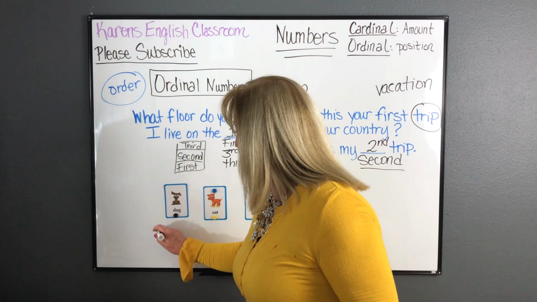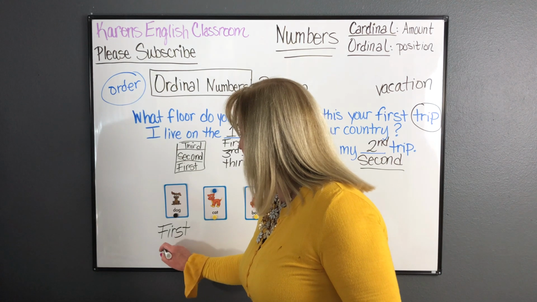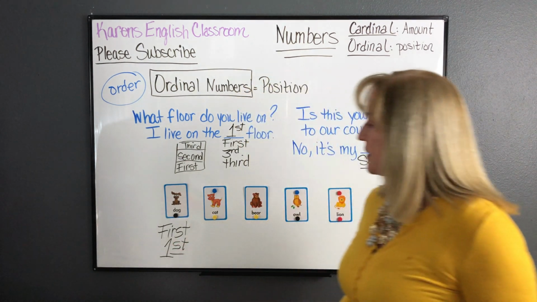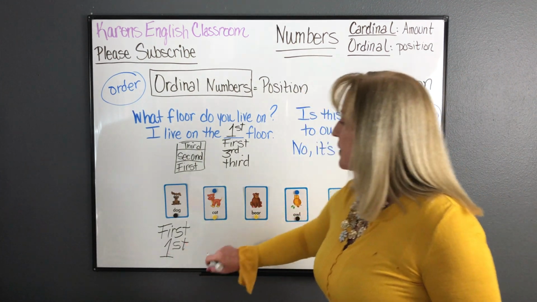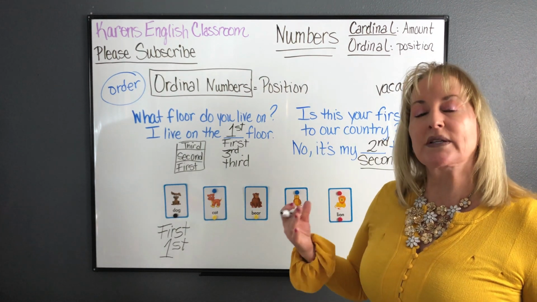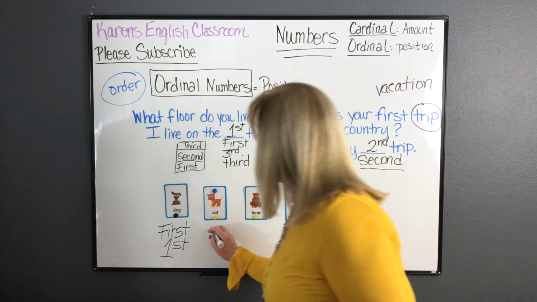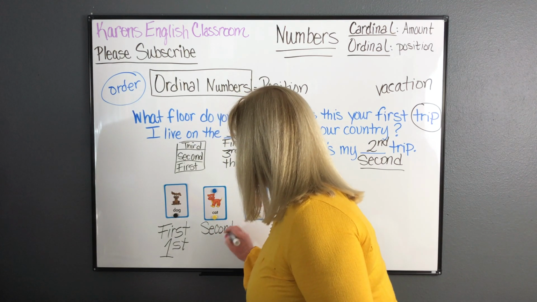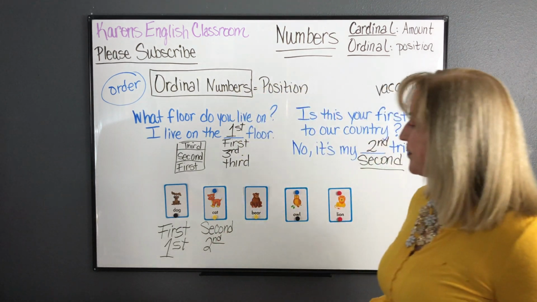So the dog is first. F-I-R-S-T. The cat is number 2, yes, but we're not going to say that because it's in order. It's the position. So we're going to say second. We can put number 2 and this little ND at the top.